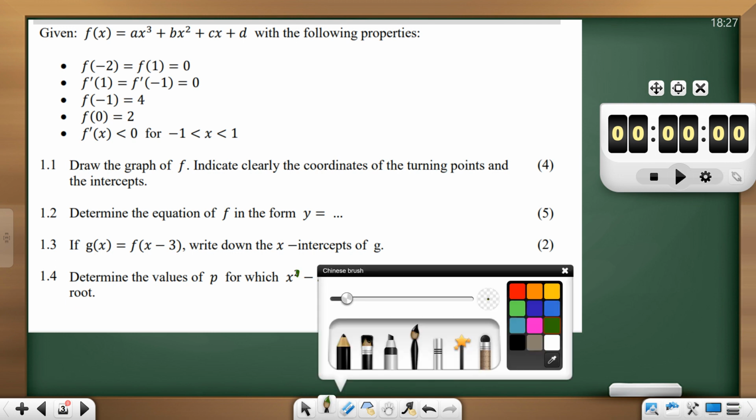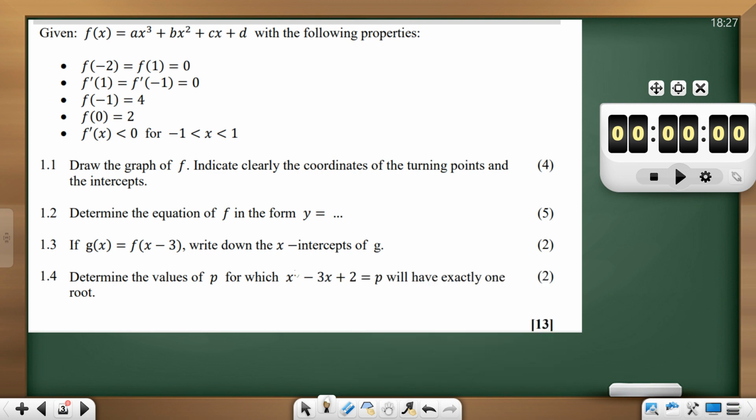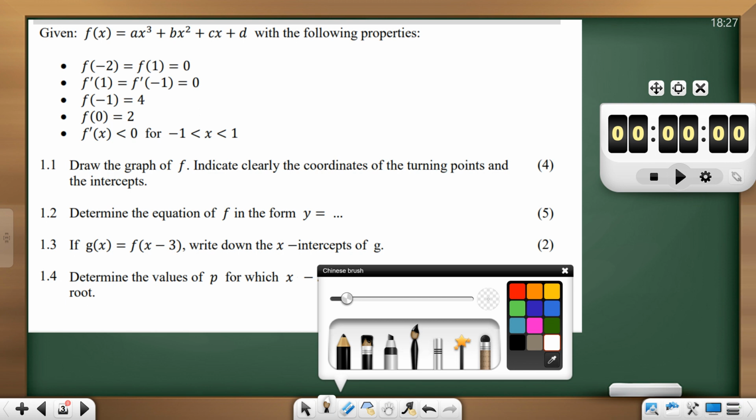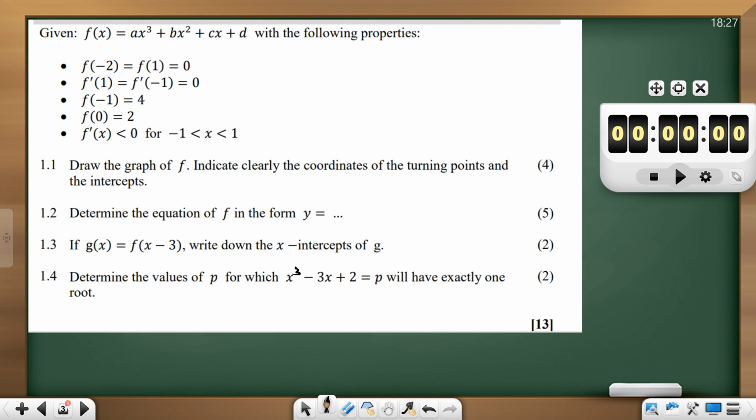Guys, quickly because of our time. Look, guys, let's quickly do something together. Let me give you some notes. Interpreting a cubic function. Interpreting what? A cubic function.